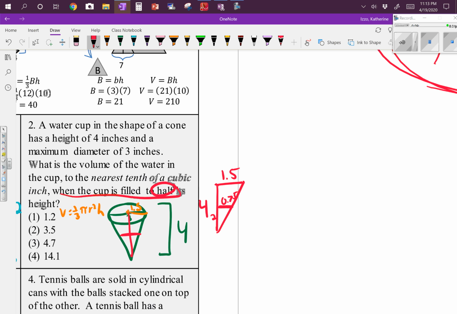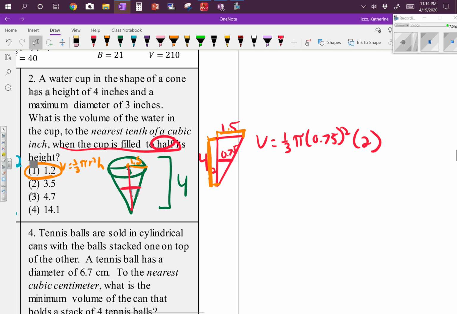So when we do my volume, the volume is 1/3 pi 0.75 squared times a height of 2. Notice those are good similar triangles in there, with this big side being 4 and this big side being 1.5, and then us having to find the littler sides. And when we type that into our calculators, we get 1 as our answer.